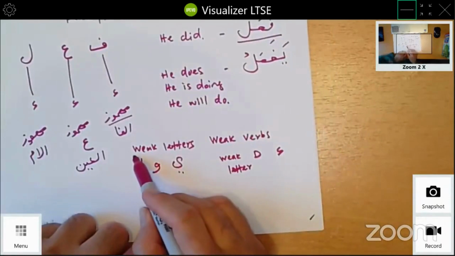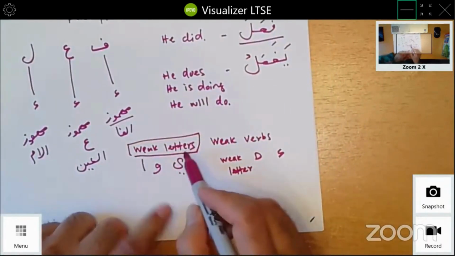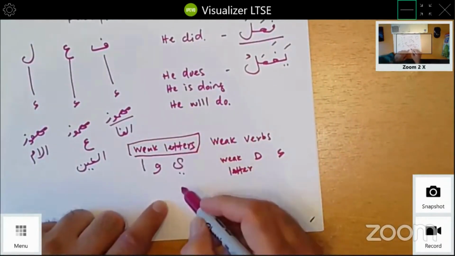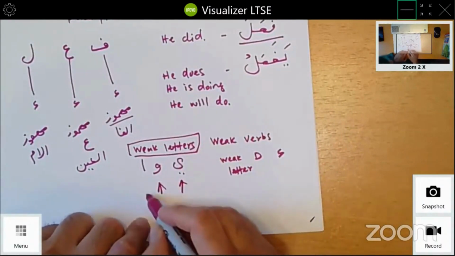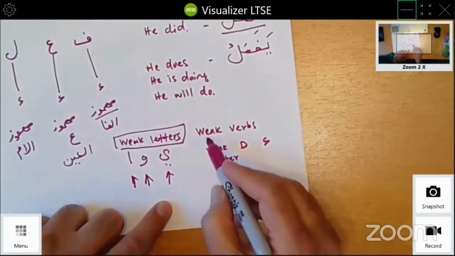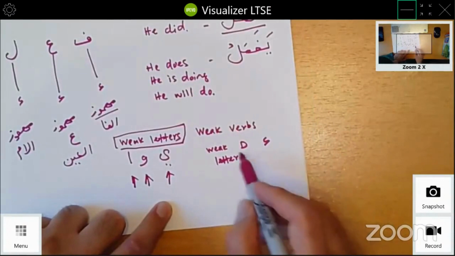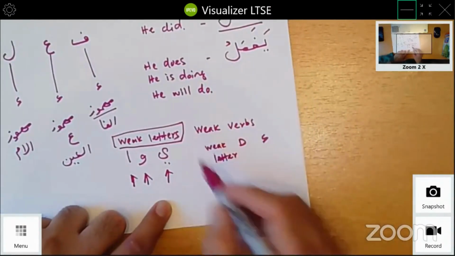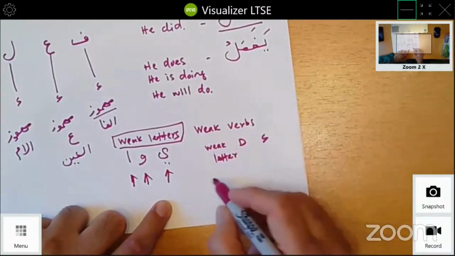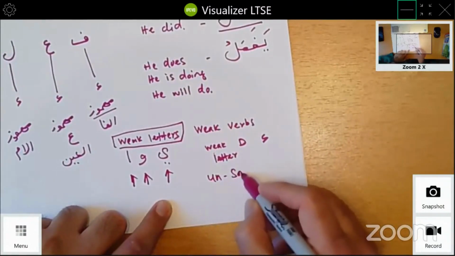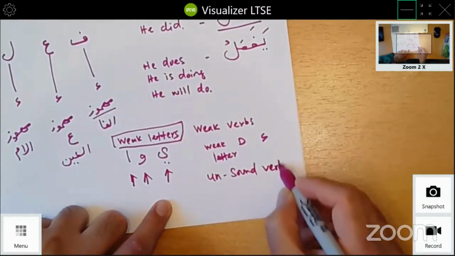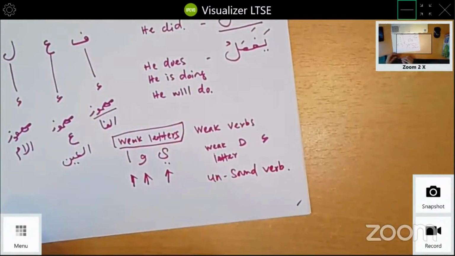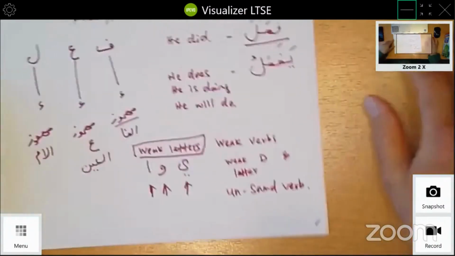When I say weak letters, I'm talking about letters only, which are ya, waw, and alif. But when I say weak verbs, if these three situations happen, then the verb which comes out of those root letters will be called a weak verb, or unsound. Is that good? Yes. Okay, good. All right.